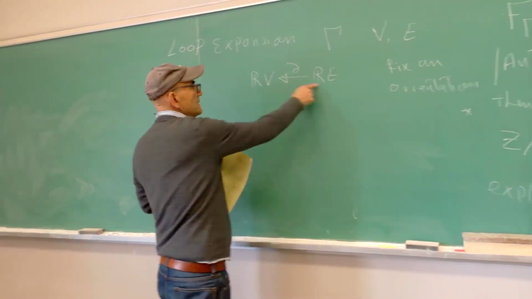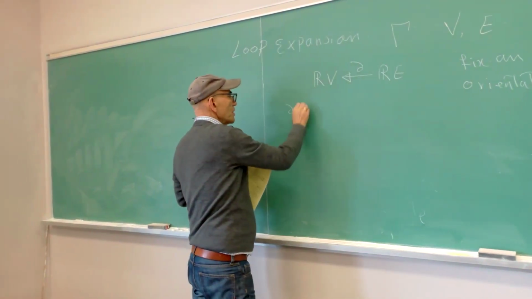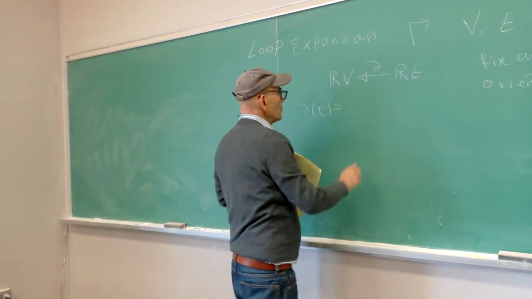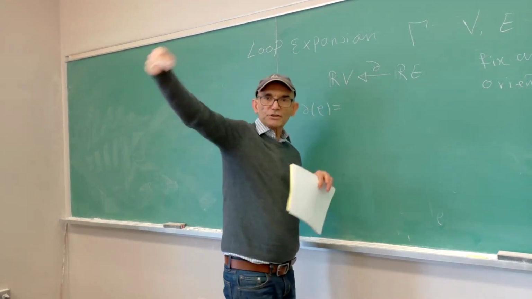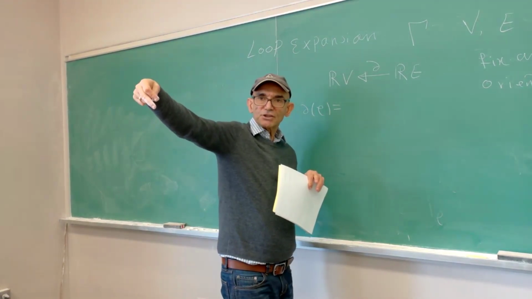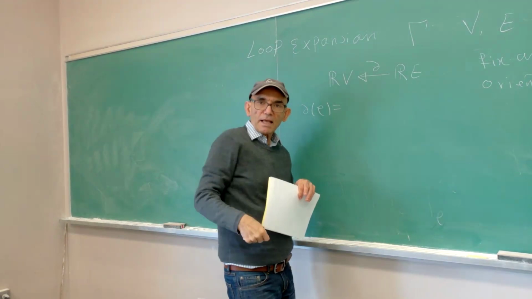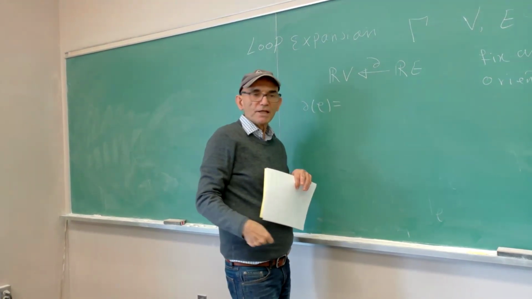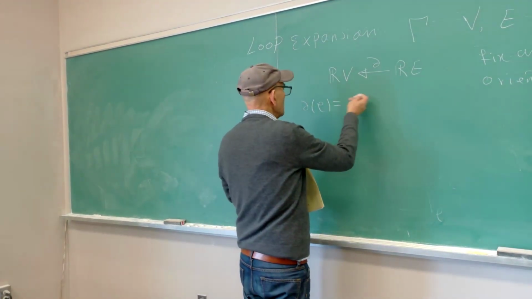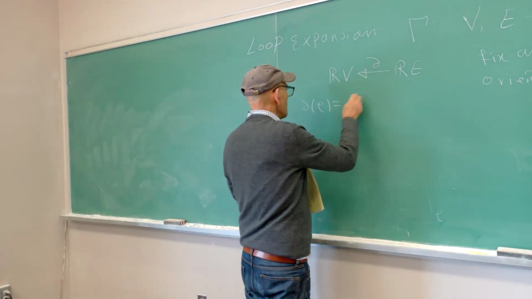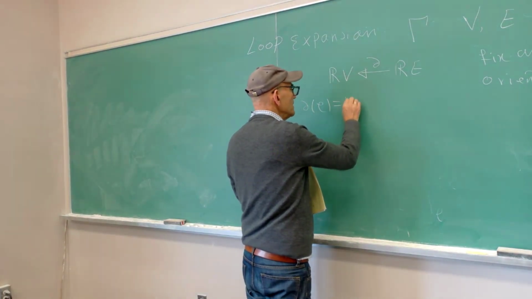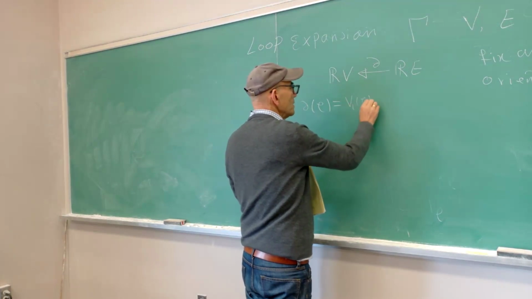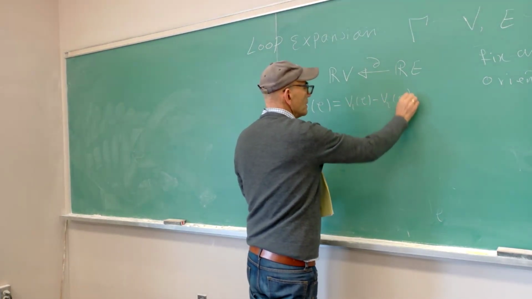And then this map of each edge is equal to the original vertex of the edge minus the ending point of the edge, V1 of E minus V2 of E.